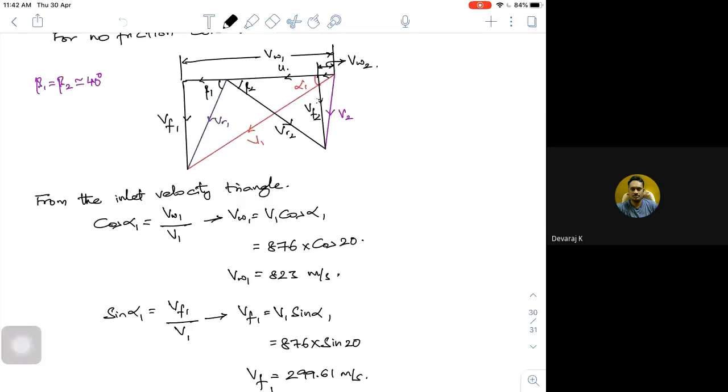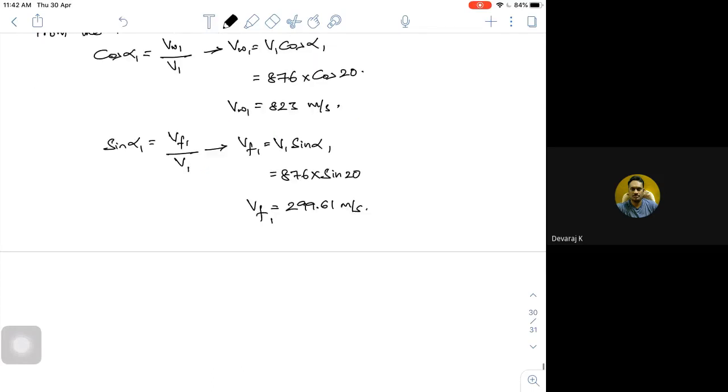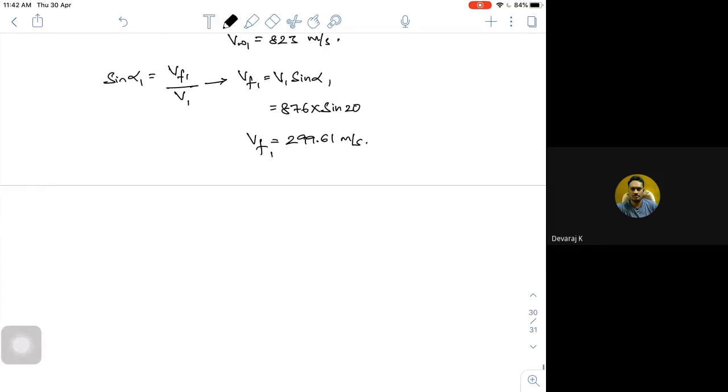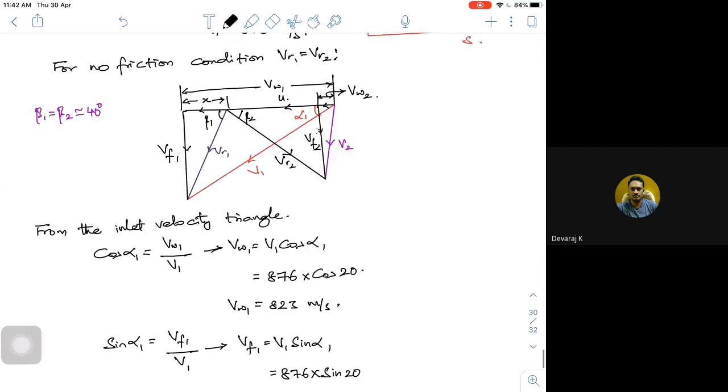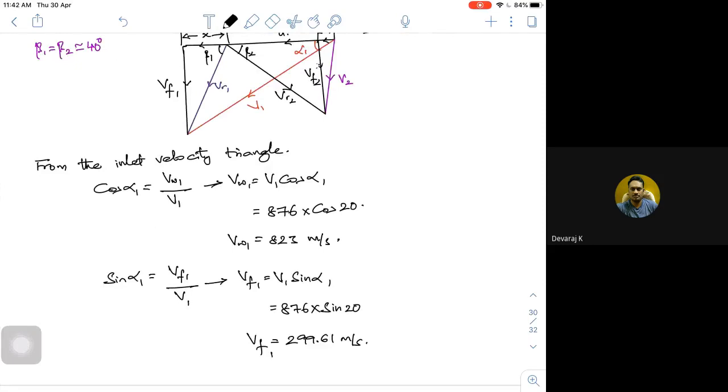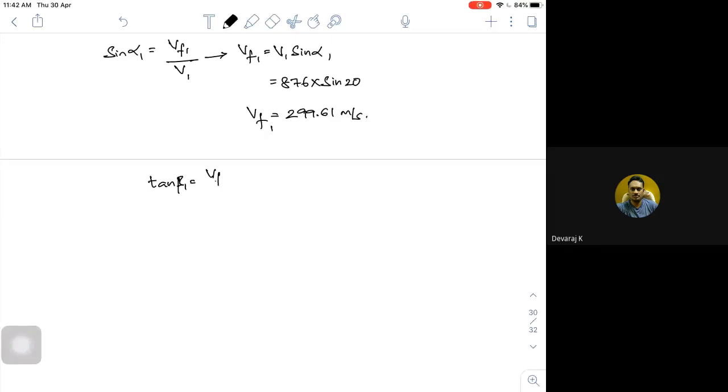See, this particular, we call this as X. If I take tan beta 1, same thing as yesterday, it is equal to opposite, that is VF1, divided by X, opposite by adjacent.